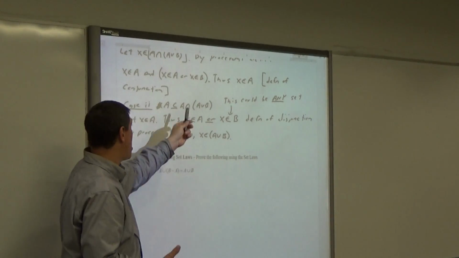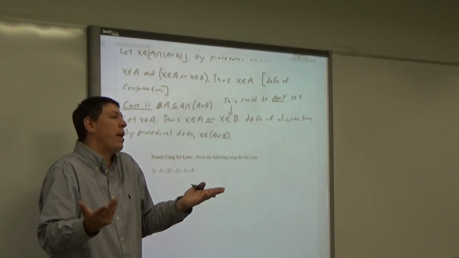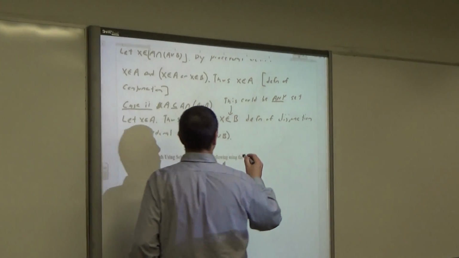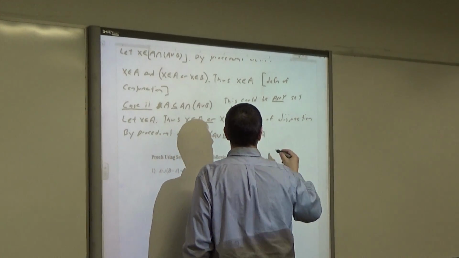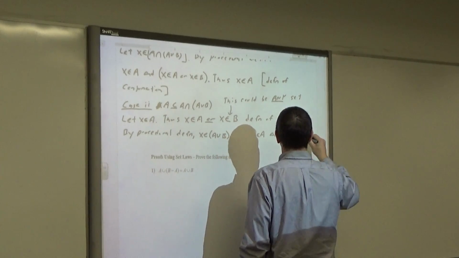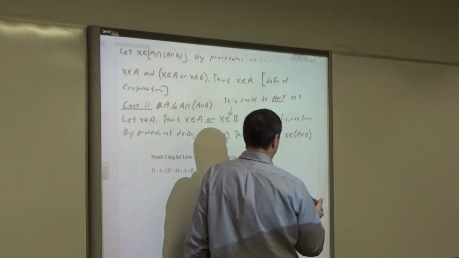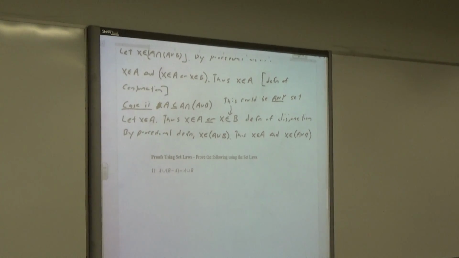We've got both sides of this. We have X is an A and X is an A or B. Okay, so we're basically done with this. Okay, so thus, X is an element of A, and X is an element of A or B, as shown above. Okay, I mean, it's clear that we have both of those.